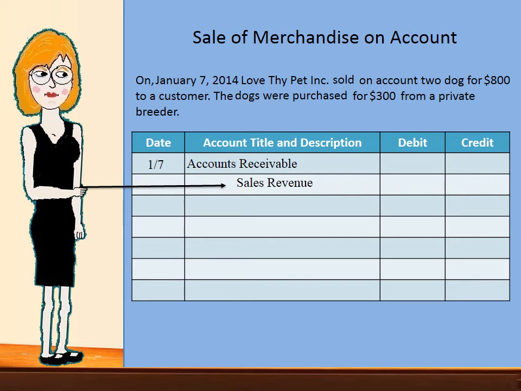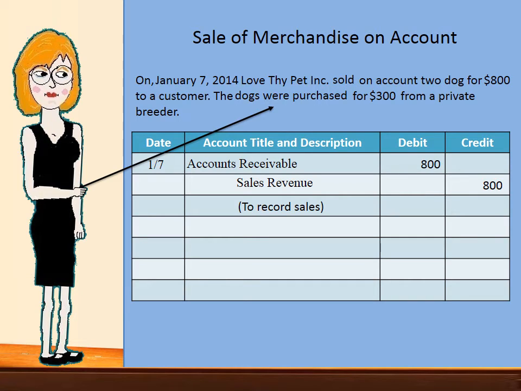Then we will do sales revenue, which is to record the revenue, and the description will be to record sales. The cost we charged the customer was $800, so we will debit, therefore increasing the asset account receivable by $800, and we will credit sales revenue, therefore increasing the record keeping account sales revenue.